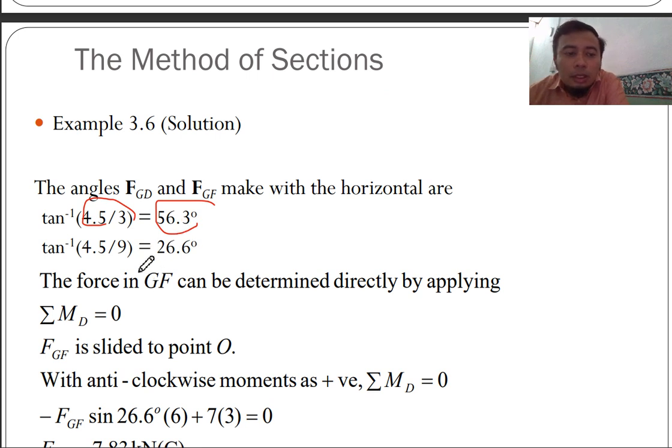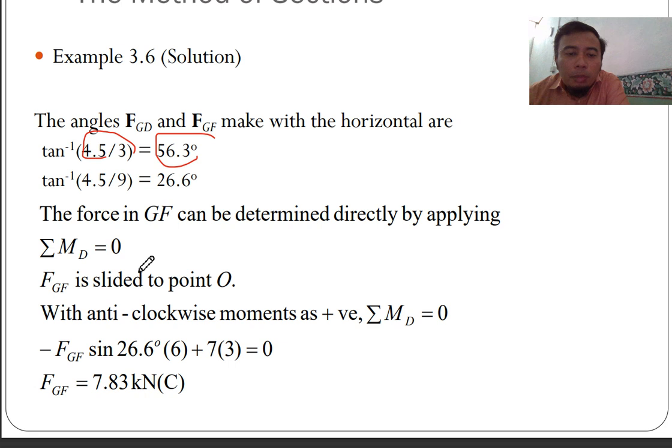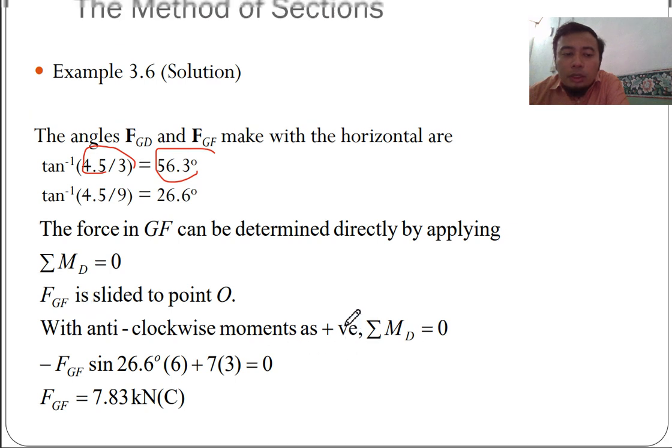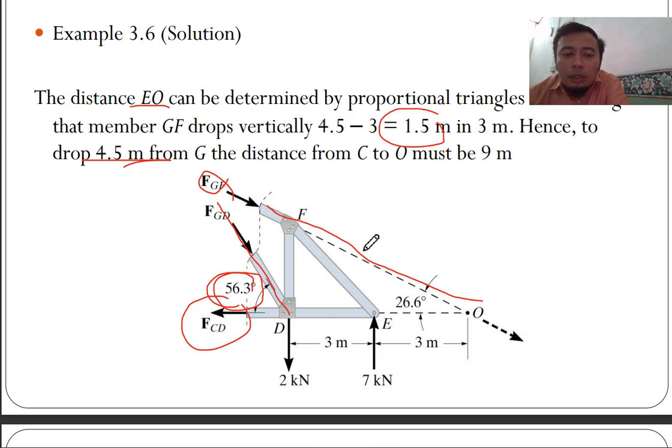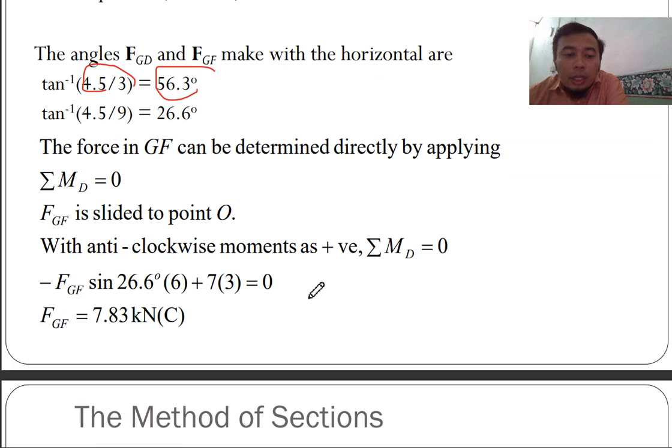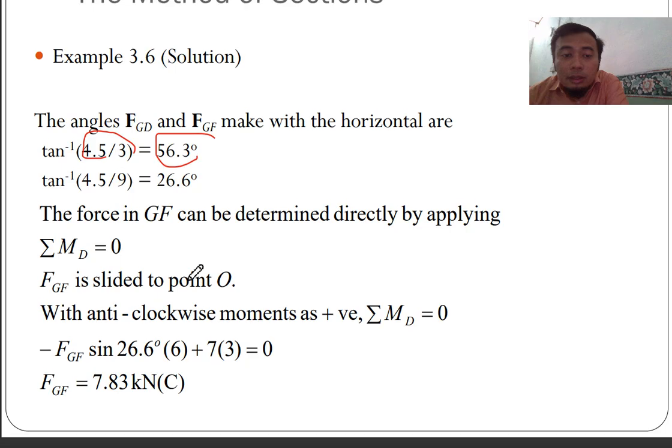So the force in GF can be determined by directly applying the moment at D. So FGF is slid to point O with anticlockwise moments. FGF here is slid to point O, taken at D. So this is FGF slid because it's in the same line. Parallel, one line, single line, same moment.